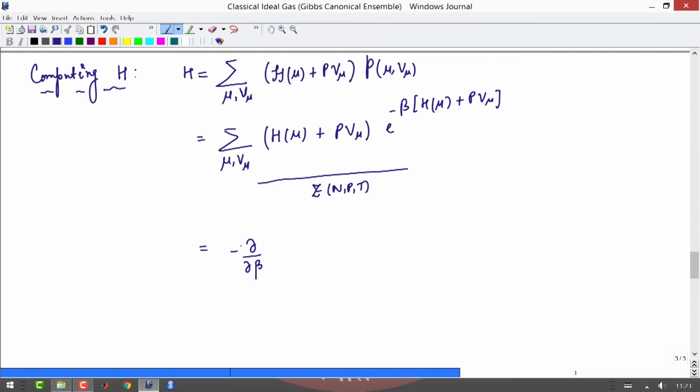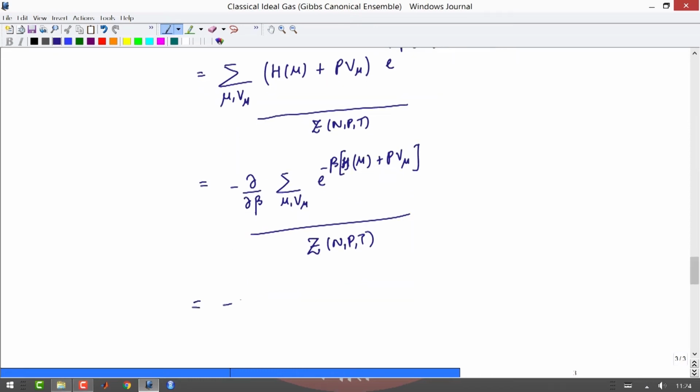So, I am going to take a negative derivative with respect to beta, which is minus 1 upon Z d by d beta of Z, which is nothing but minus d by d beta of ln Z.